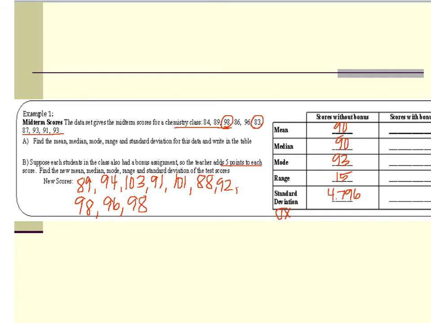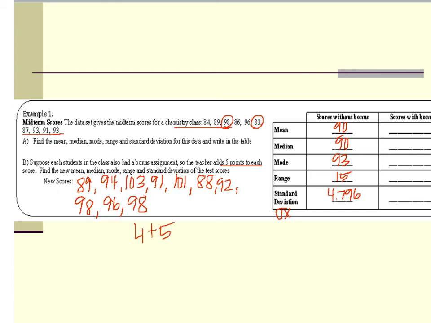Okay, and what I want you to do is go into your menu, go into your data that you have in your graphing calculator. And what you can do is just put 84 and then plus 5 if you want, or 89 plus 5. And you could add 5 to each point. Or you could go up to list 1, and if you highlight list 1, all you have to do is say plus 5.